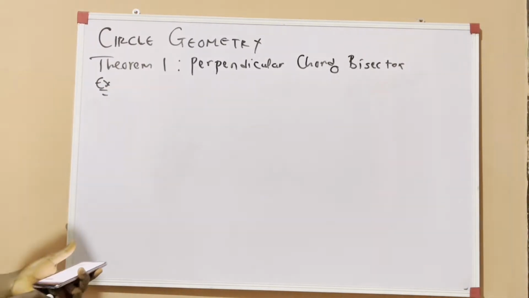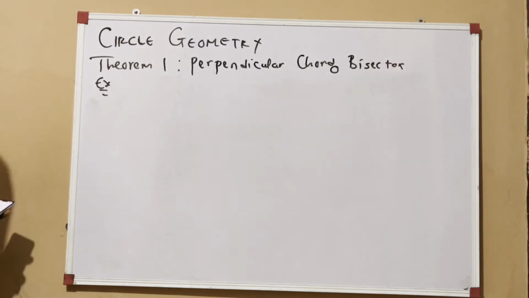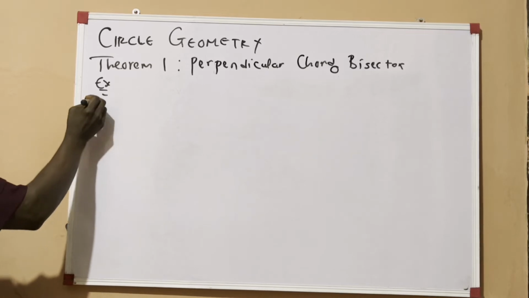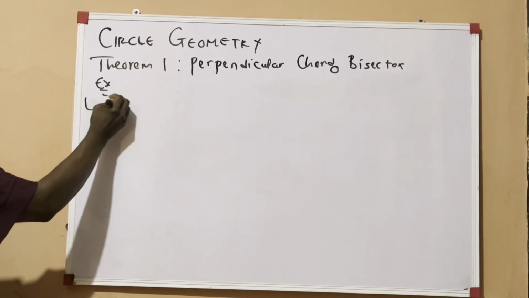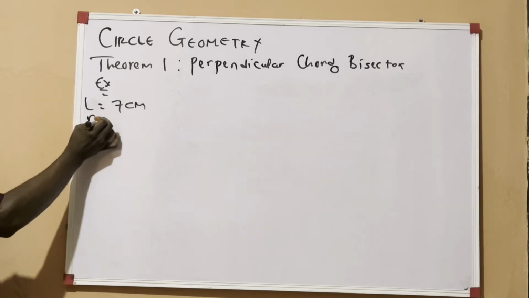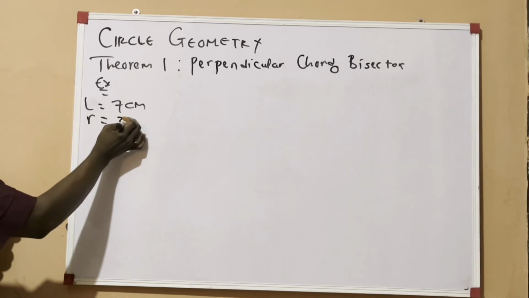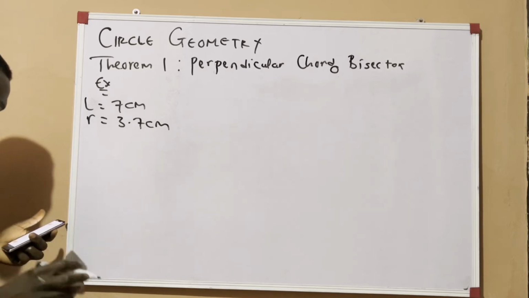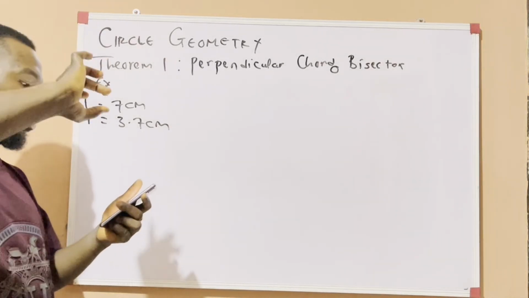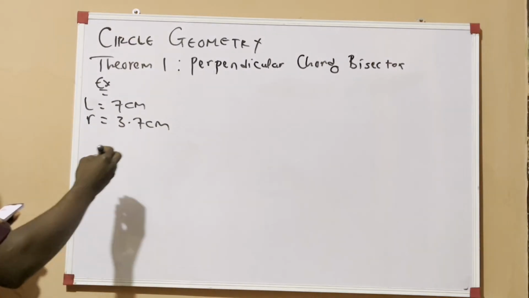So now let us present this information. We were given the length of the chord in this question. So our length here was given as 7 centimeters. And then we were given the radius also as 3.7 centimeters. And then we are asked to calculate the distance of the chord from the center of the circle.